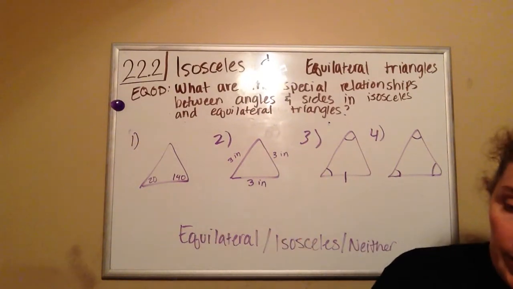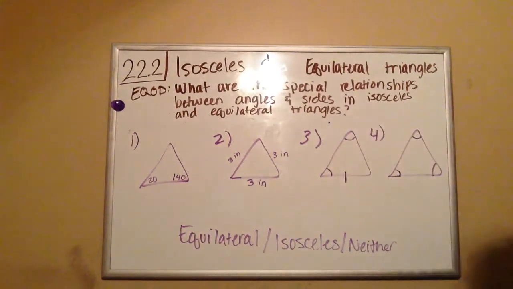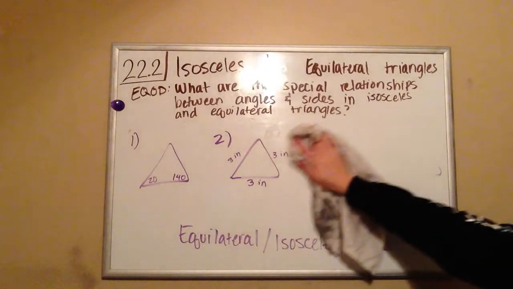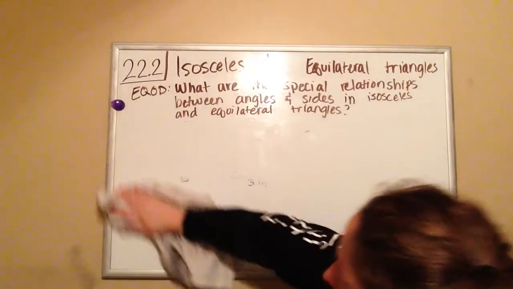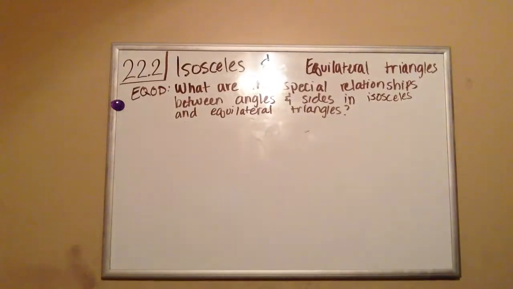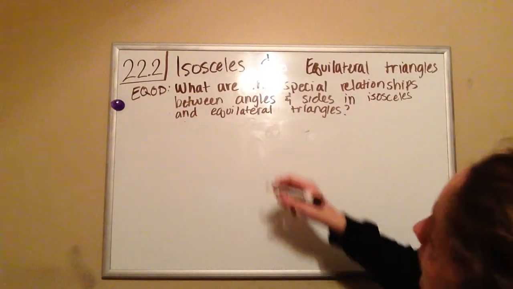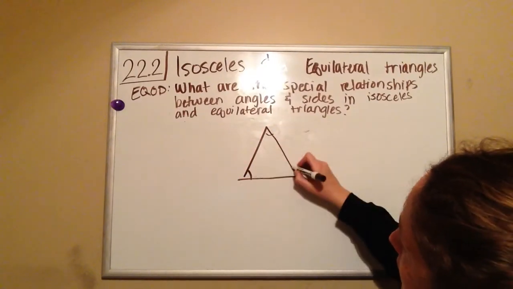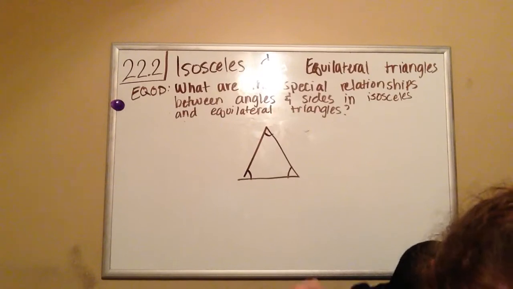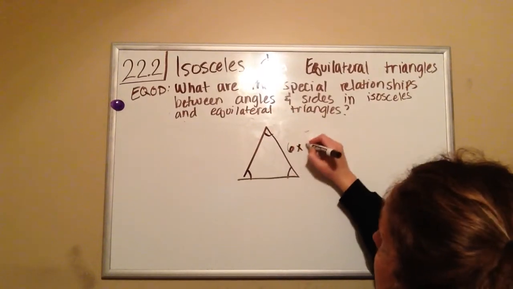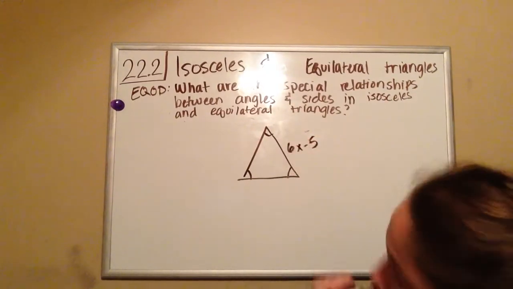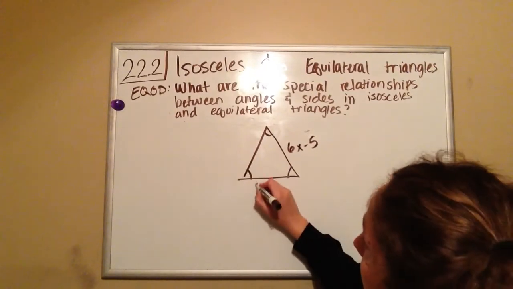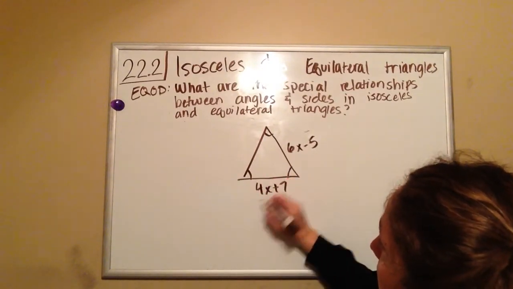Okay, if you're back with me, you've already done these, so I'm going to erase them. And we're going to do our last couple problems, and then we will be done with section 22.2. Alright, here we go. We have an equilateral triangle, and I'm given two side lengths: 6x minus 5 and 4x plus 7.